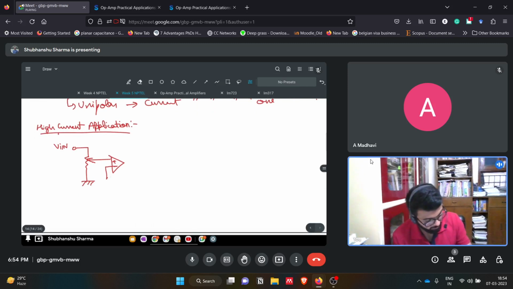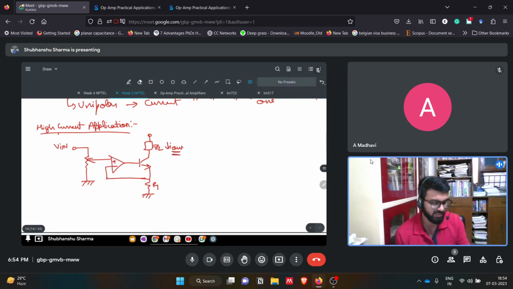So here, we can attach one BJT. This is R1, this is ground, and we have our load resistor, the load impedance circuit. This is I out, the output current, and this is being controlled by this V input.